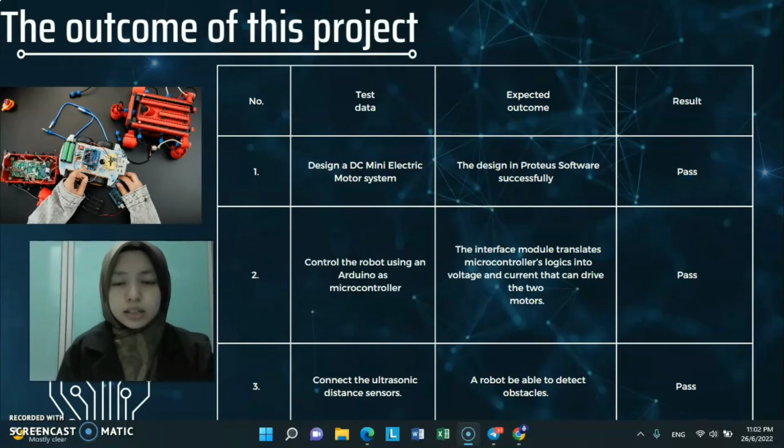For the second test data, we had to control the robot using an Arduino as microcontroller, and the interface module translates microcontroller logic into voltage and current that can drive the two motors, and the result was passed. For the third test data, we connected the ultrasonic distance sensor and the robot was able to detect obstacles, and the result was passed also.